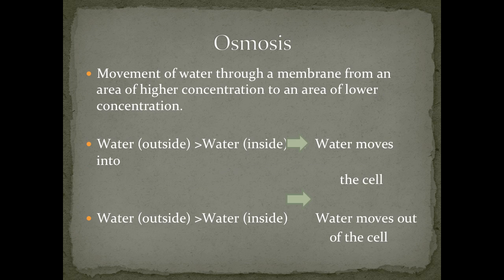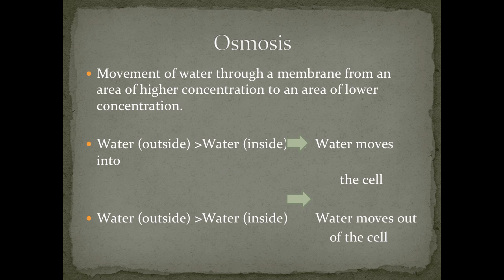Osmosis. Osmosis is the movement of water through a membrane from an area of higher concentration toward an area of lower concentration. So osmosis is very similar to diffusion. We're talking about water in a cell and out of a cell.